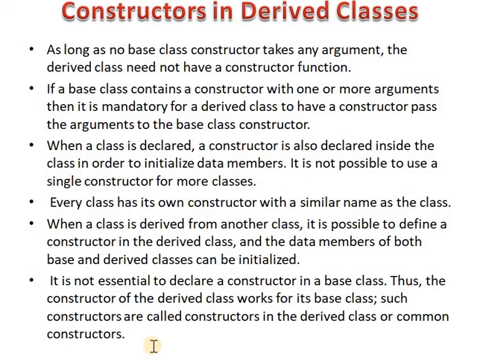And whenever the inheritance concept is used, it is possible to define a constructor in a derived class, and the data members of both base and derived classes can be initialized in that constructor.